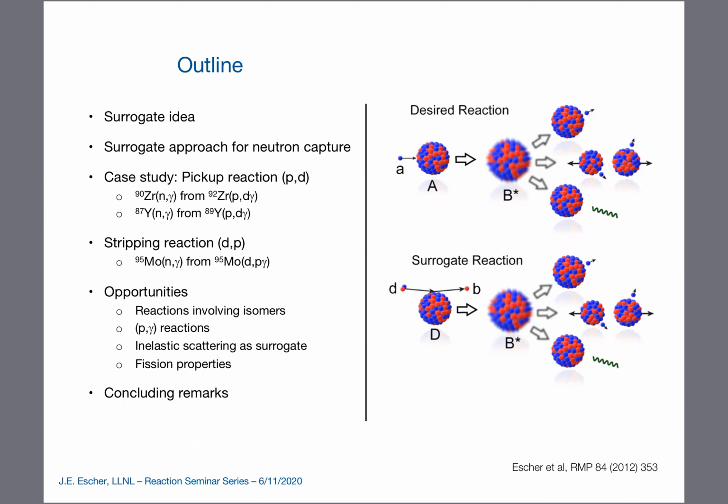The zirconium case is a benchmark, and we then went ahead and did an application to yttrium-87 (n,gamma). Yttrium-87 is short-lived. There's no direct data. I will only briefly mention the molybdenum because Andrei talked about this a few weeks ago. And then I will briefly highlight a few other ideas of what one can do with this surrogate approach.